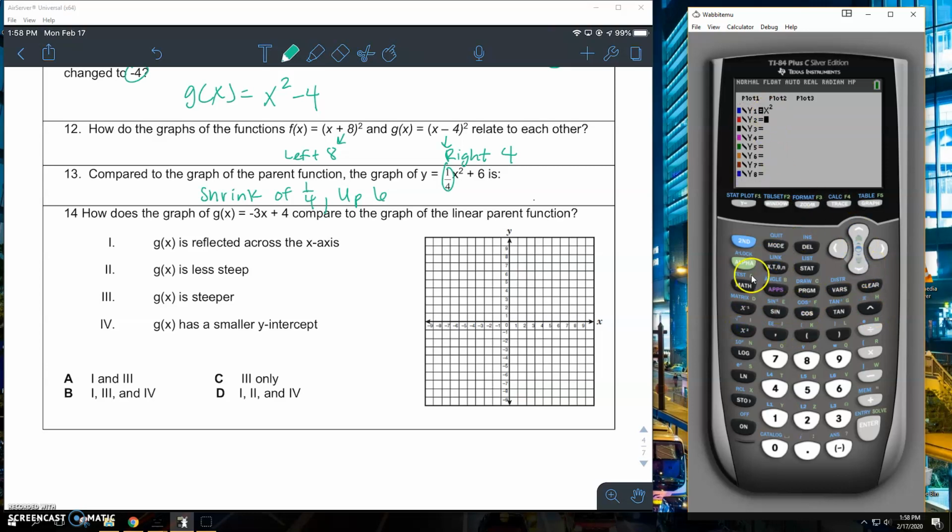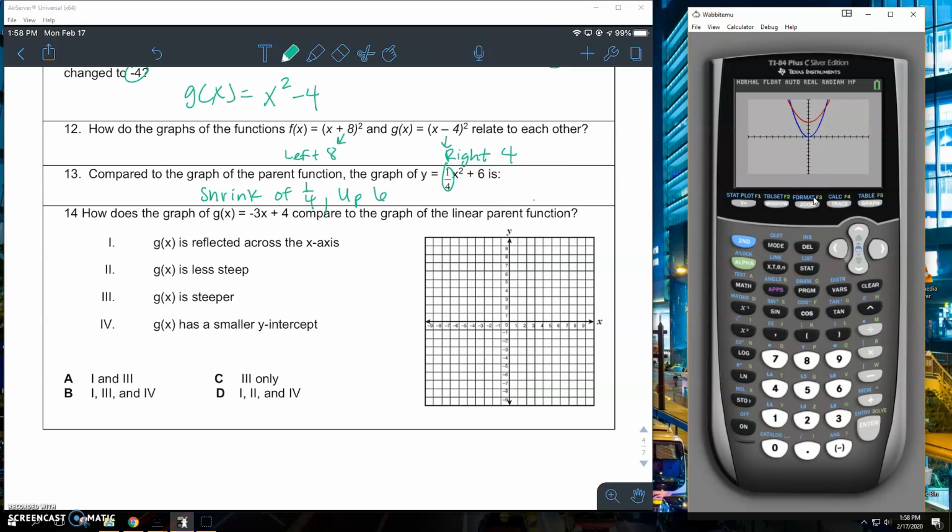X squared is your parent function. So here's my parent function, graphing first, and then there is my second function. Notice we went up and then we shrunk our a value.